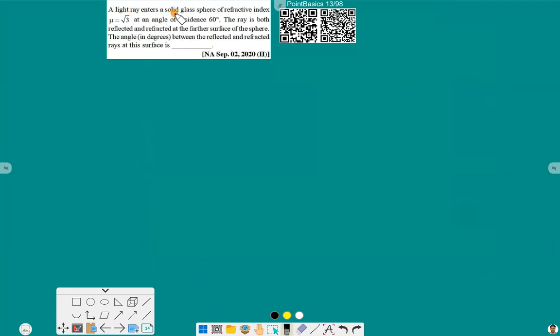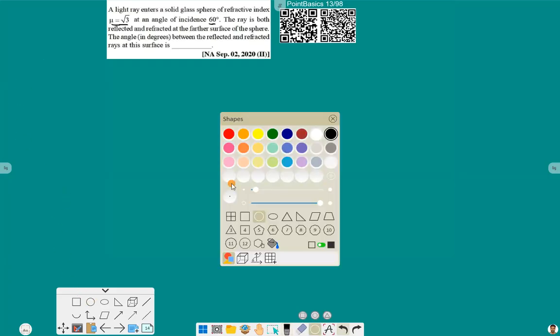A light ray enters a solid glass sphere of refractive index mu is equal to root 3 at an angle of incidence 60 degree. The ray is both reflected and refracted at the further surface of the sphere. The angle in degree between the reflected and refracted ray we have to find out. So let us first draw a sphere here.